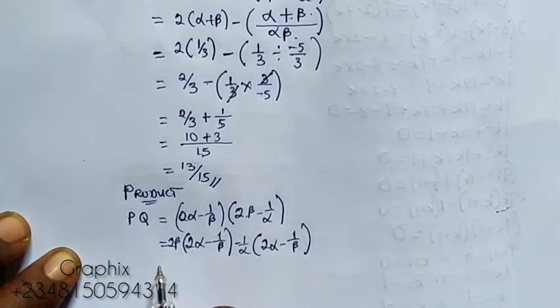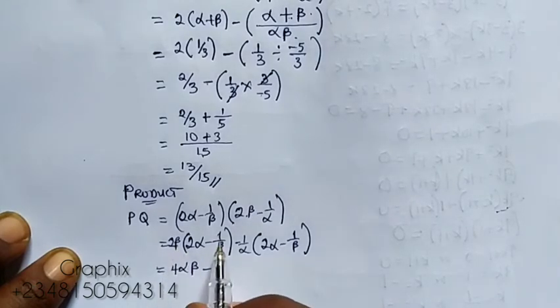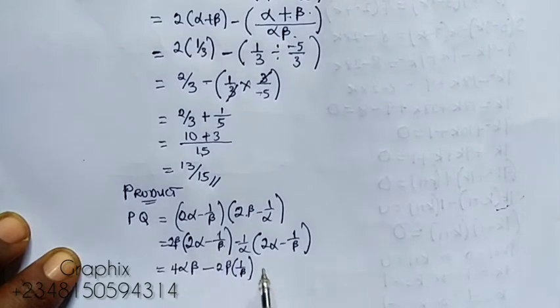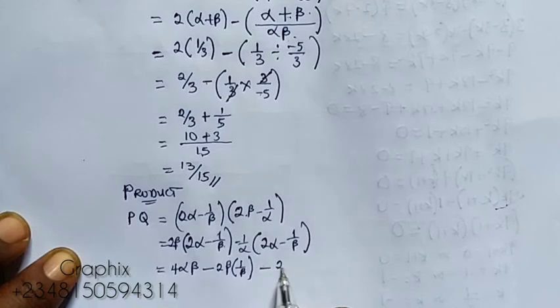Now from here, 2 times 2 is 4. Beta times alpha give you alpha beta. Minus 2 beta multiplied by 1 over beta. I take this and I multiply this. Right? So minus 2 alpha multiplied by 1 over what? Alpha.